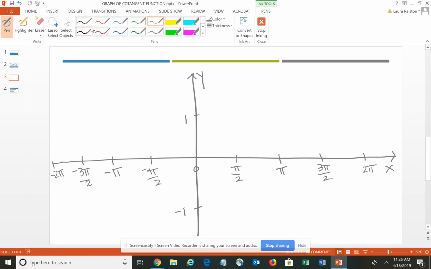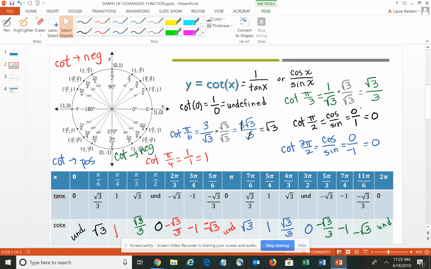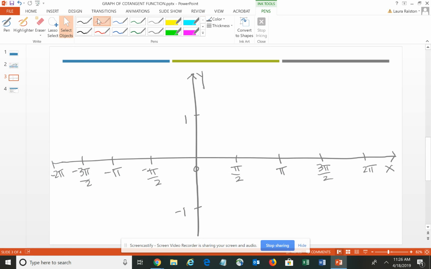Okay, so then if we go back and look, we'll notice that at 0, at pi, and 2 pi, so it looks like every pi units we're going to have a vertical asymptote.